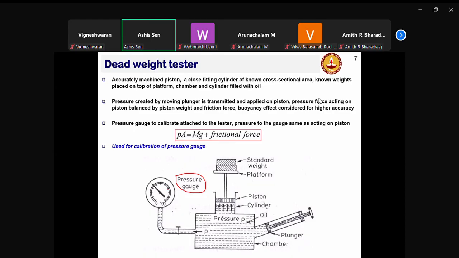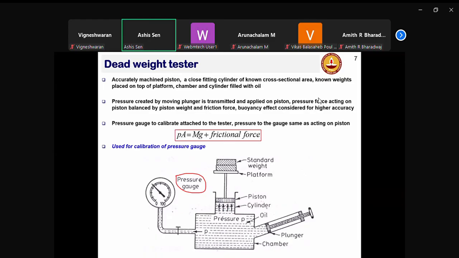Okay. So what you do is basically first you apply some kind of pressure by applying some kind of weight at the top of this platform. So if you know the weight, you can calculate the pressure here.